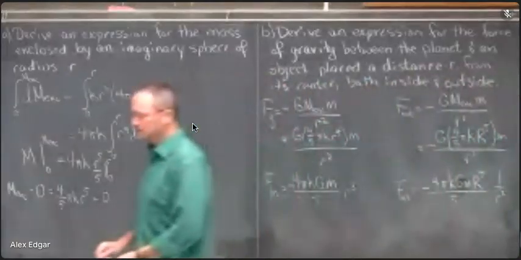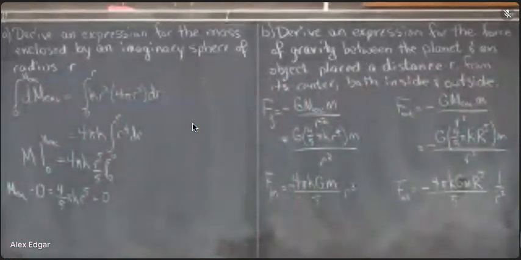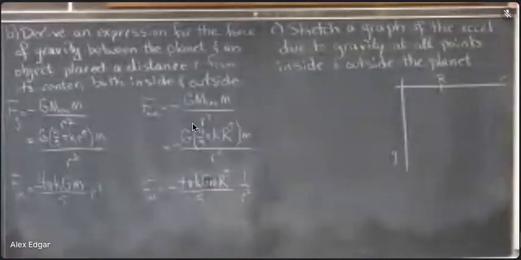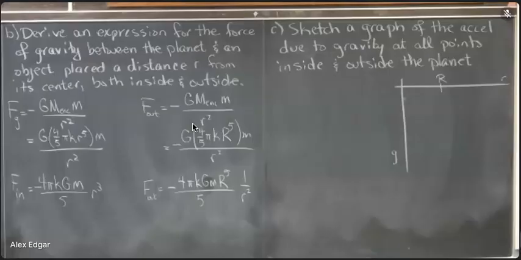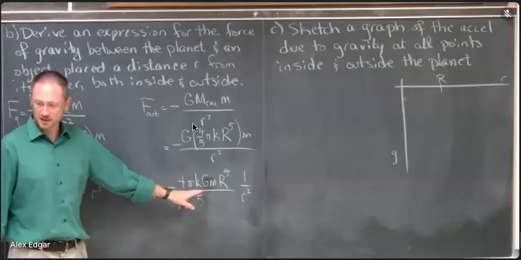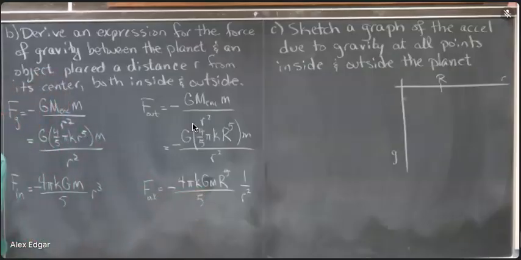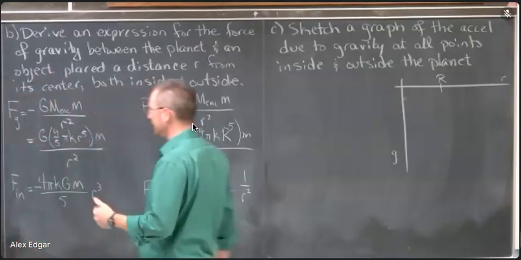Well, let's make a graph of those guys and see what that looks like. What we have here is a cubic function for inside the planet and an inverse square function for outside the planet. So what we're going to get outside the planet is the same thing that we got last time.